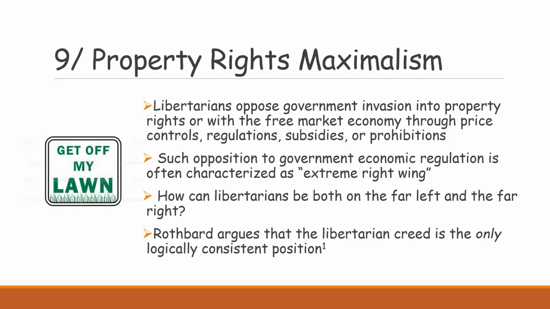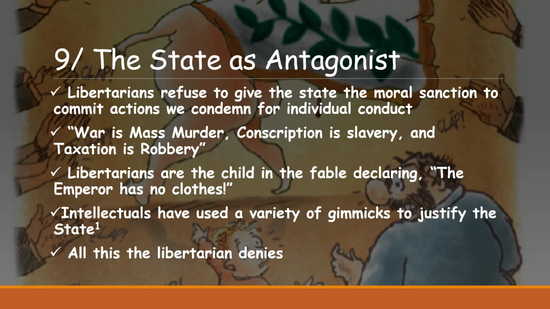Because again, you're basically positing a world in which no coercion is acceptable, and so it would be illegal, but there would be no way of stopping people from taking from other people, especially if they are powerful. Rothbard, again, is positing the state as antagonist.